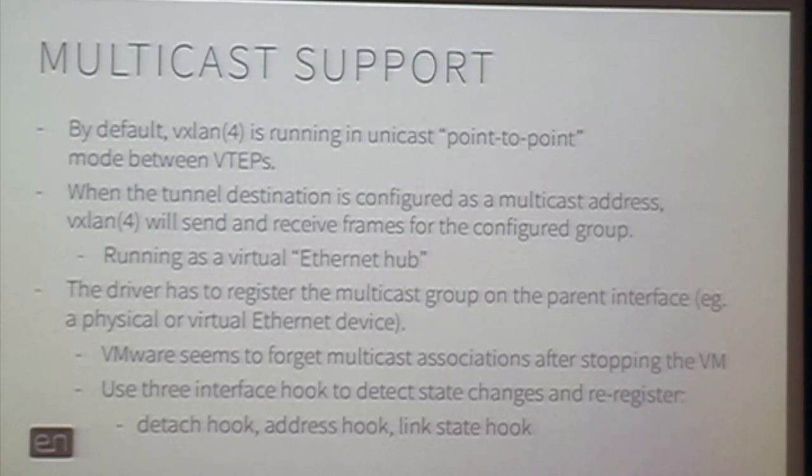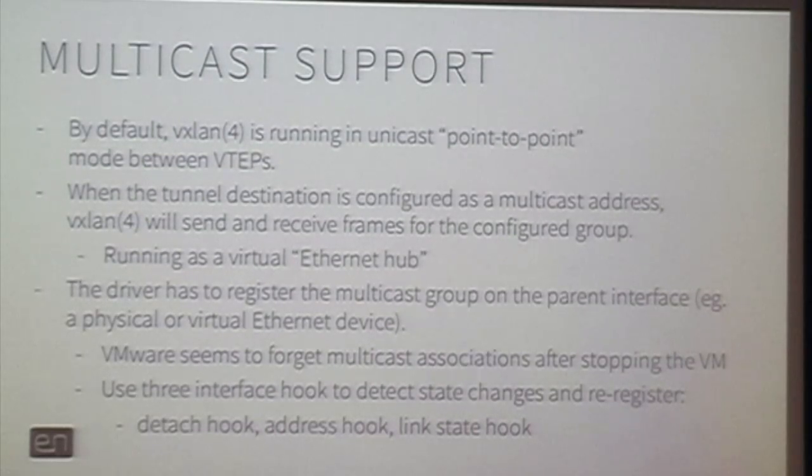Then the driver will register the multicast address on the underlying parent interface and send outgoing frames to this multicast address. So just by configuring a multicast address as a destination, you basically get an Ethernet hub. All messages are sent to all members listening to this multicast group.